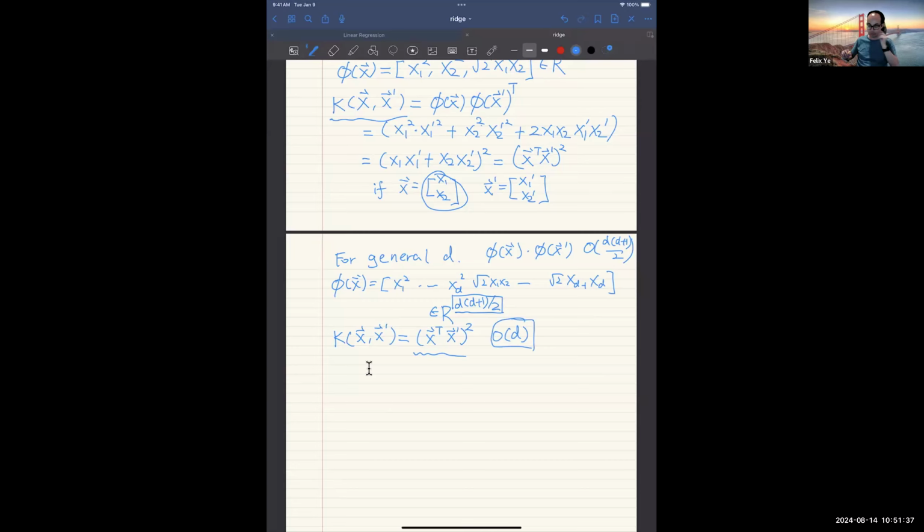Regardless of how complicated the feature space is, this is significantly smaller than order of d times (d plus 1) divided by 2. So that means we can get around using this phi and directly calculate k(x, x prime). So this gives you some good idea that this whole thing is possible.